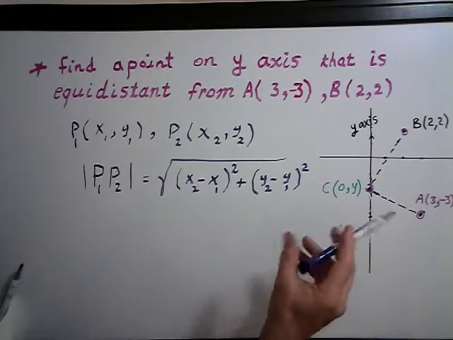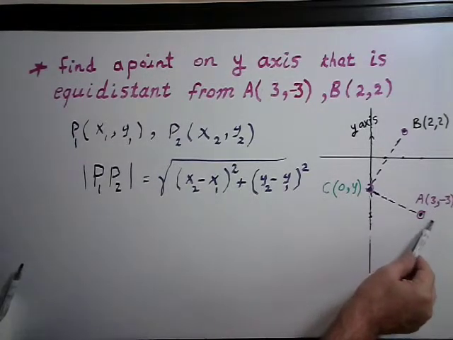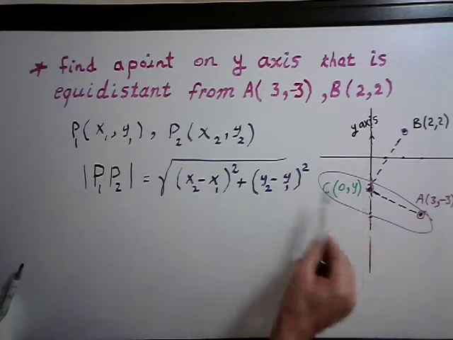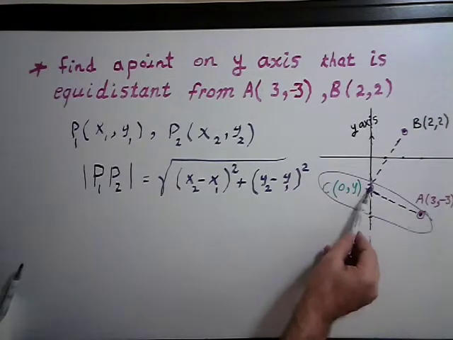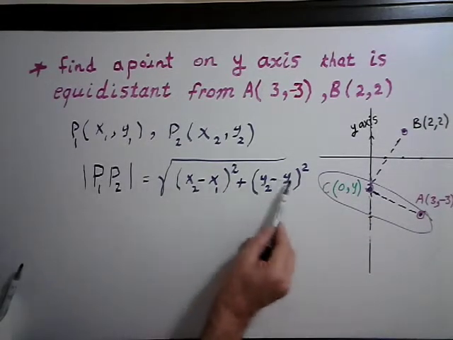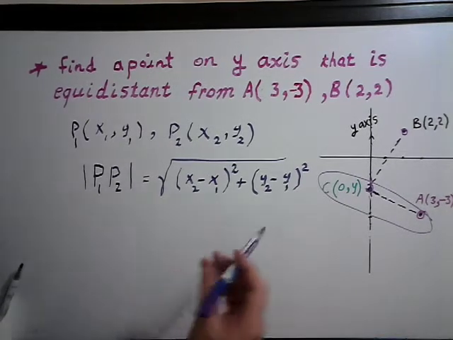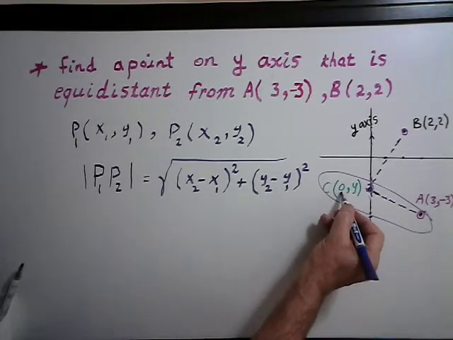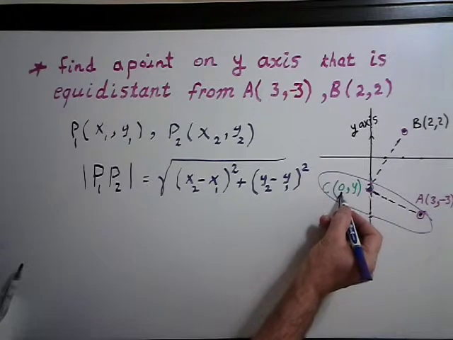So first we can start by finding the distance between these 2 points by using this rule. And don't forget here, this is 0 because it lies on the y-axis.